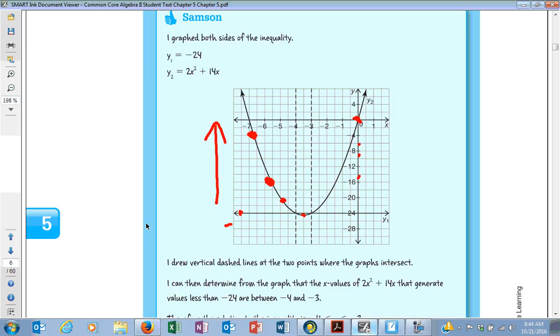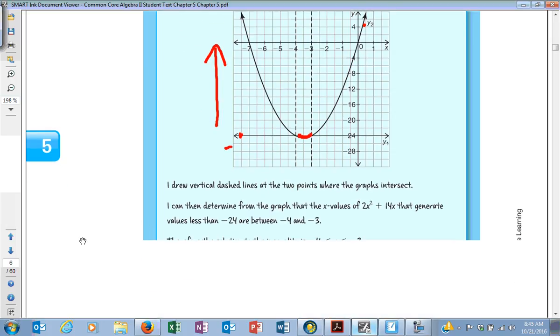Is this point good? No. Is this point good? No. Any of these points. But all of a sudden I get to right here. And what do I know about those points down there? Those points are the x's. So if I put any of those x's from this little part of the parabola in, what do I know my y is going to be? Less than negative 24. Are you with me? So what would be my answer?